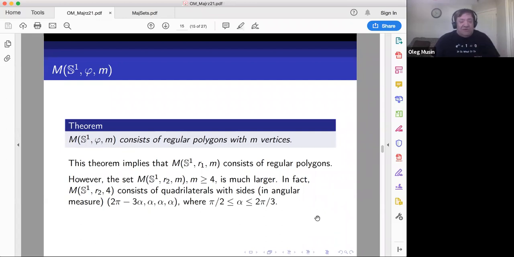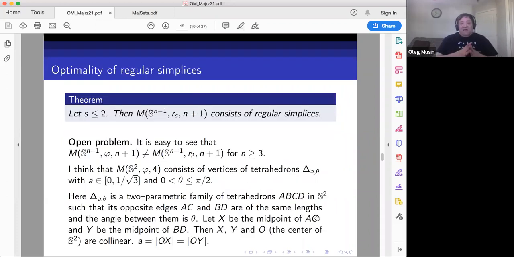Of course, it's easy to construct a potential with this answer. One of the main theorems here concerns the regular simplex. The main theorem is the following: suppose s is less than or equal to 2, then the set of all M sets in this case with n plus 1 points in n dimensions consists of regular simplices.